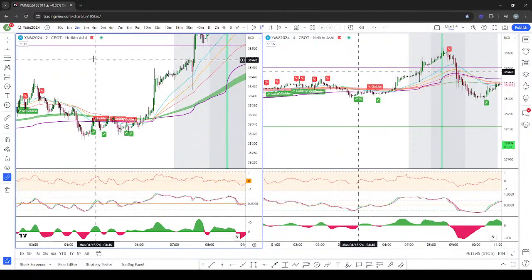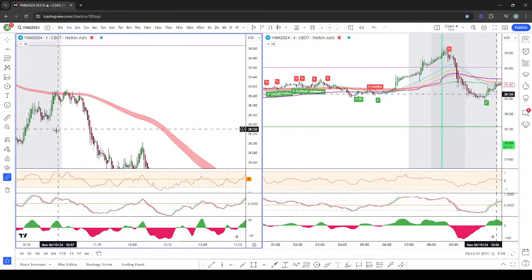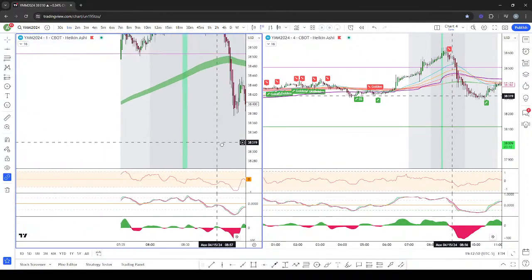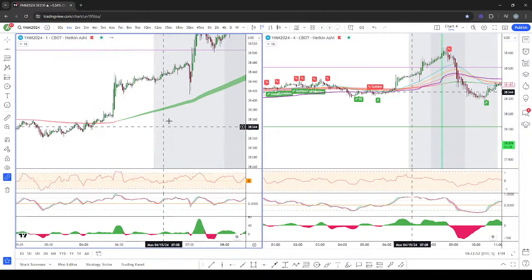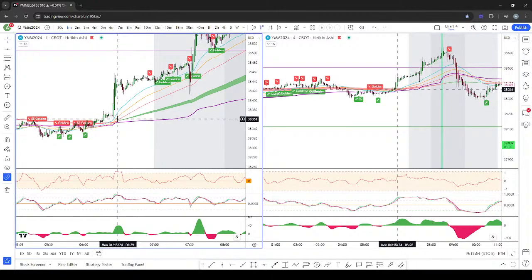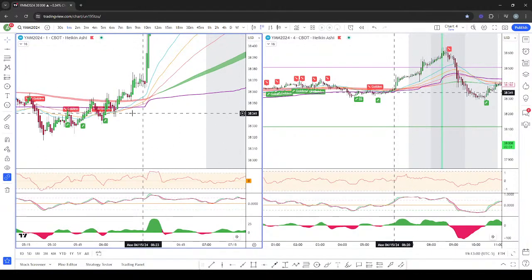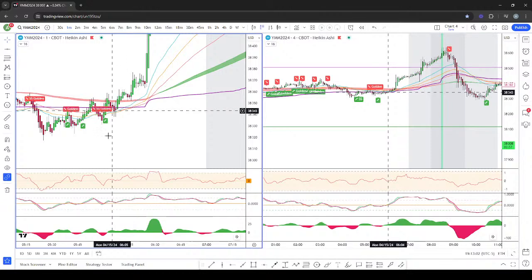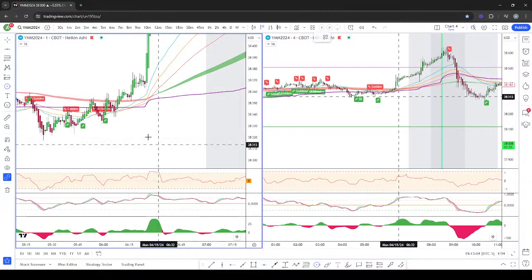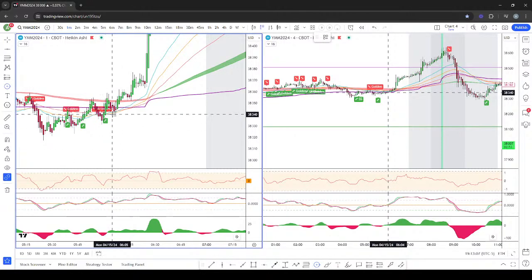So let's say, for instance, here I want to go into a 1-minute time frame, just to show you what the EMAs would look like also on the 1-minute time frame. So check this out. Even if you go to a lower time frame, your transitional area was right in here on a 1-minute time frame.